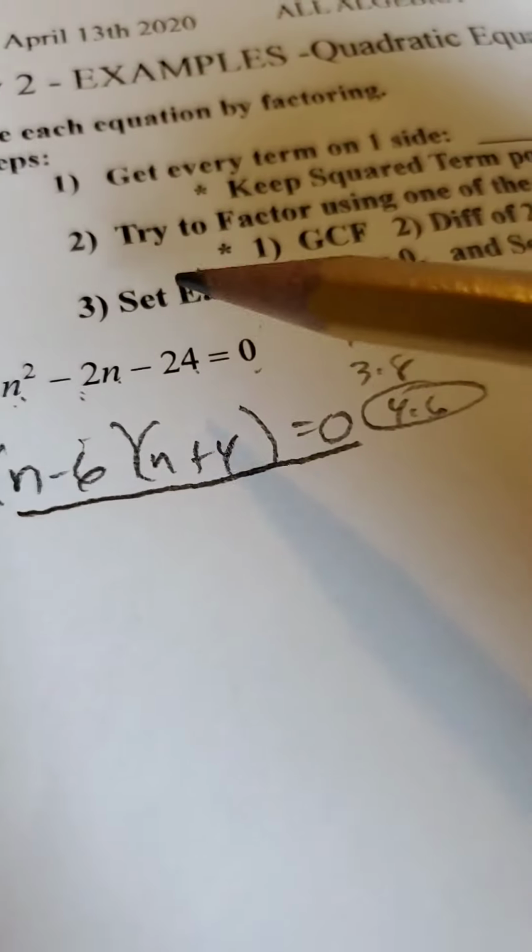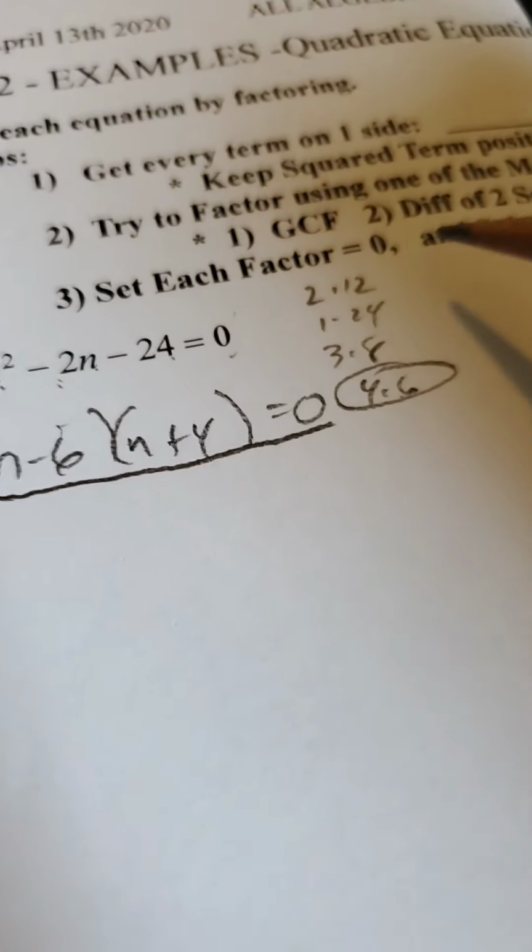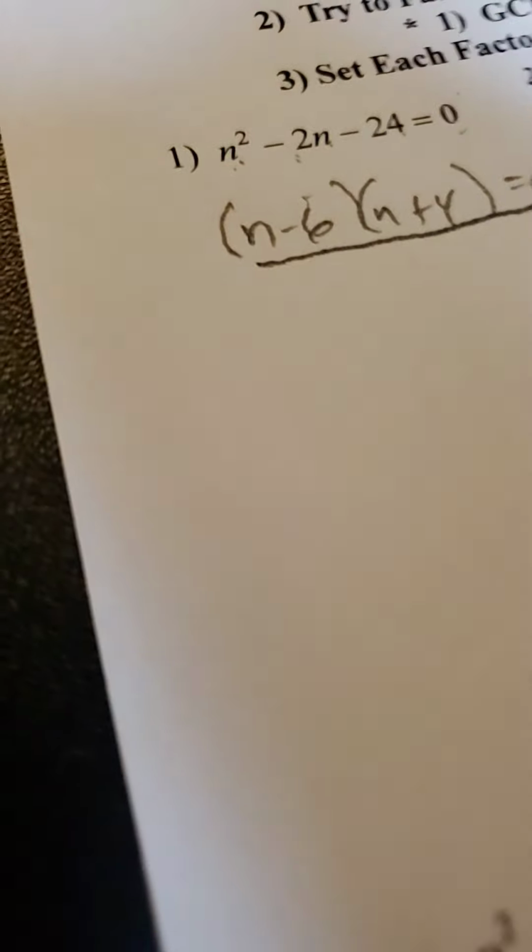And now, after I factor, I set each factor equal to 0 and solve. And remember the concept here, I'll write it over here to the side. I don't care what adds and subtracts to 0, but when I change it to a multiplication problem, which is what factoring does, I know that the only way I can multiply to get 0 is if either one of these guys is 0.